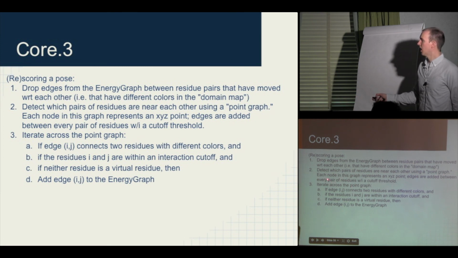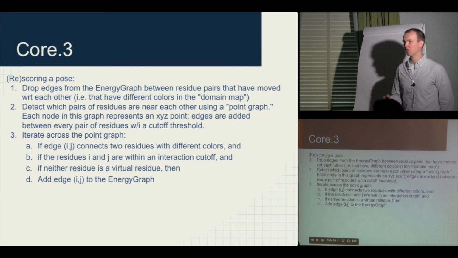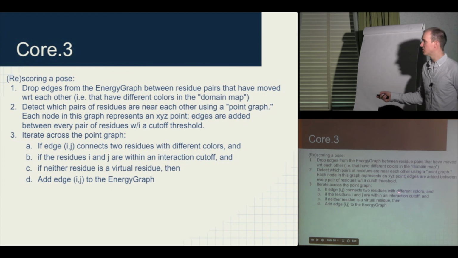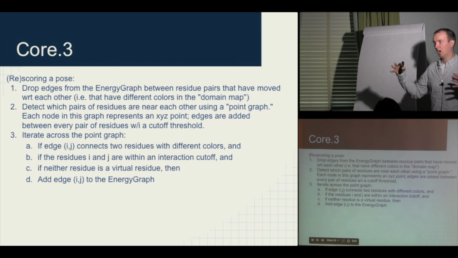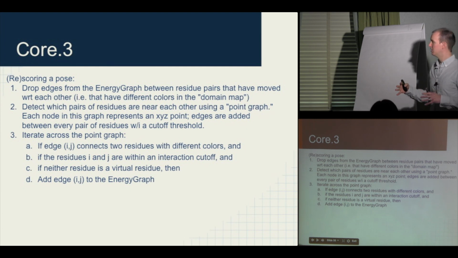And then you fill this point graph such that every pair of residues within a certain distance cutoff has an edge in this point graph. It iterates across the point graph and asks if edge i and j connect two residues with different colors, and if those residues are within their cutoff distance, which is dependent on the neighbor radii for i and for j, and for the maximum short-range cutoff.